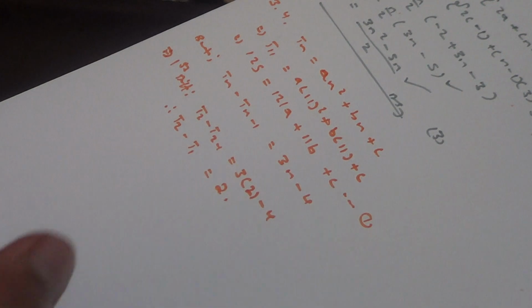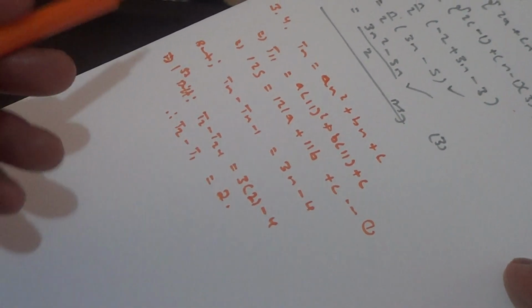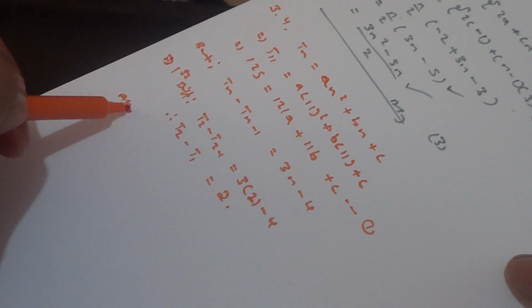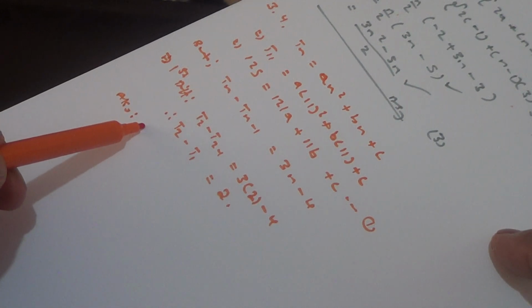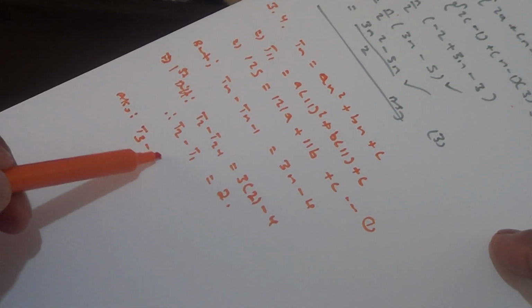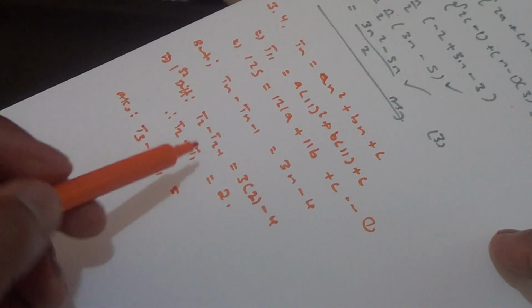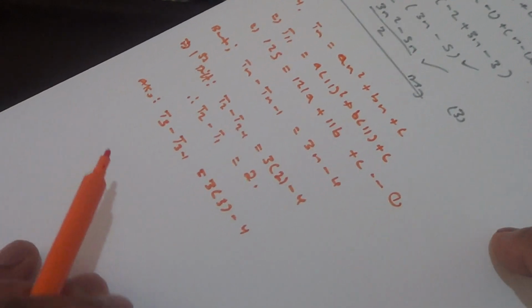Okay, you don't want to go any further here and cause yourself any problems, because you know now, maybe you do need another one. You can say also, maybe you need just the second one. You can say t3 minus 1 equals 3 into 3 minus 4, right?